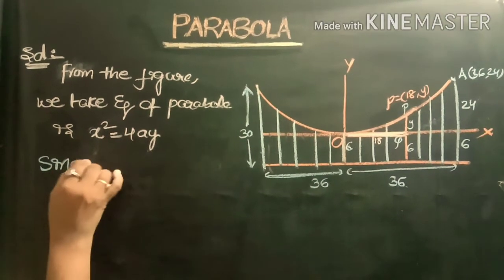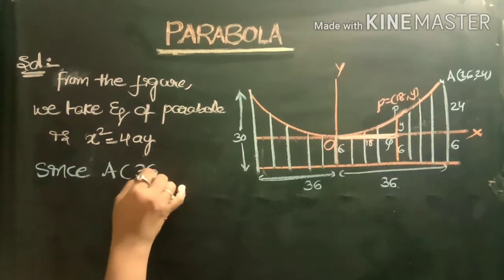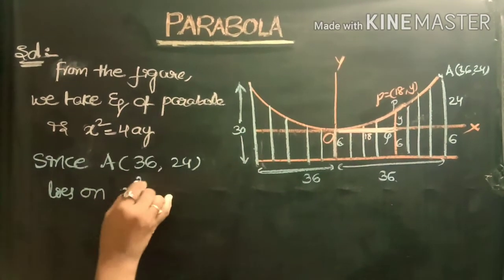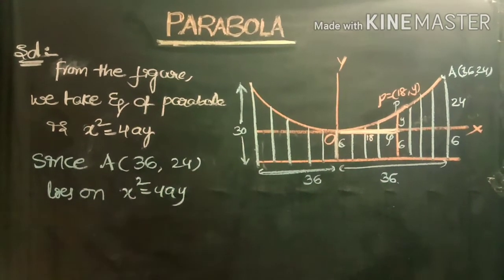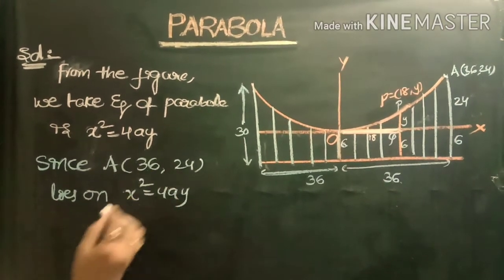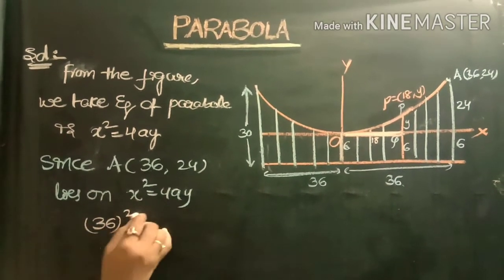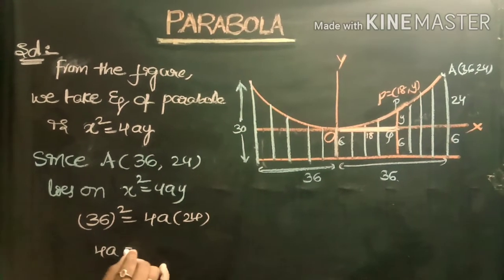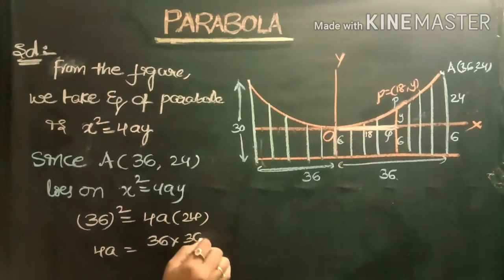Since (36, 24) lies on the parabola, we substitute that point in this equation, that is, 36 whole square is equal to 4a into 24, that is 4a is equal to 36 into 36 by 24.